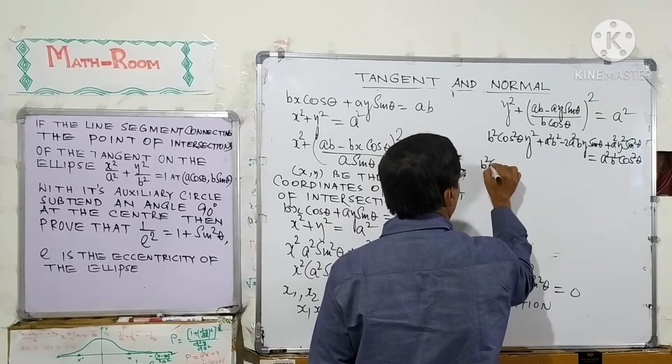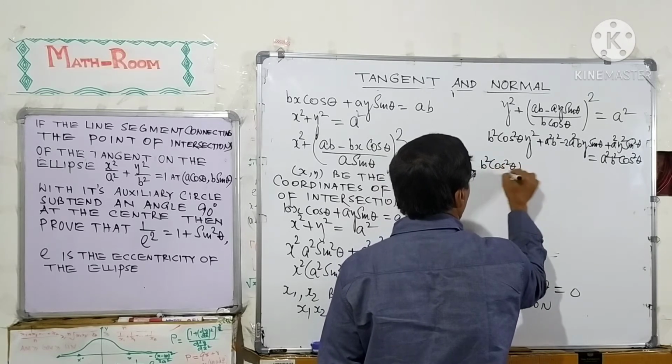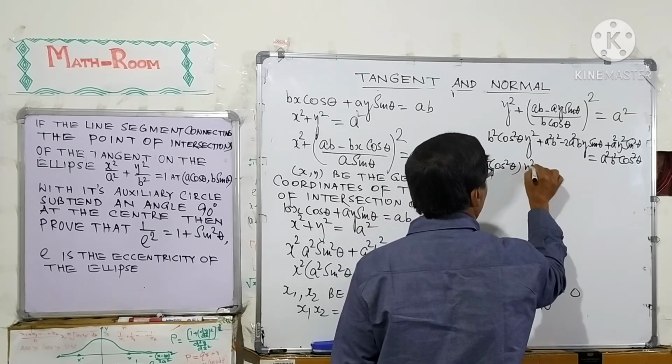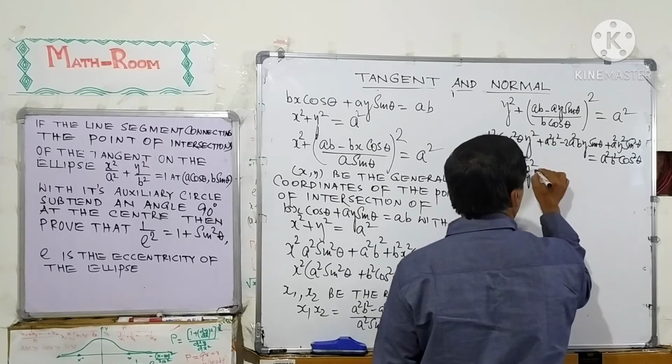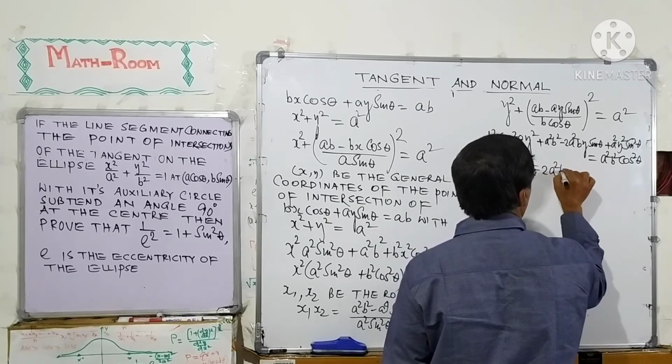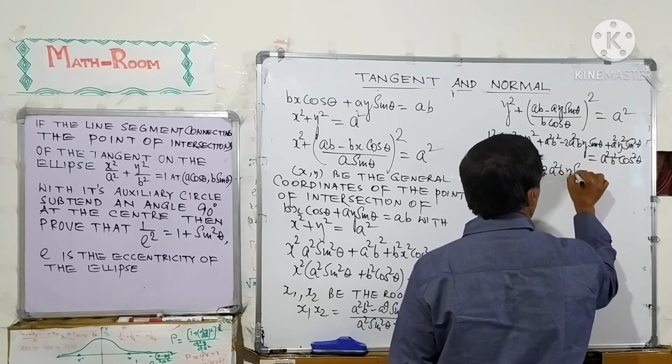This is, so b square cos square theta into y square minus 2 a square b y sin theta.